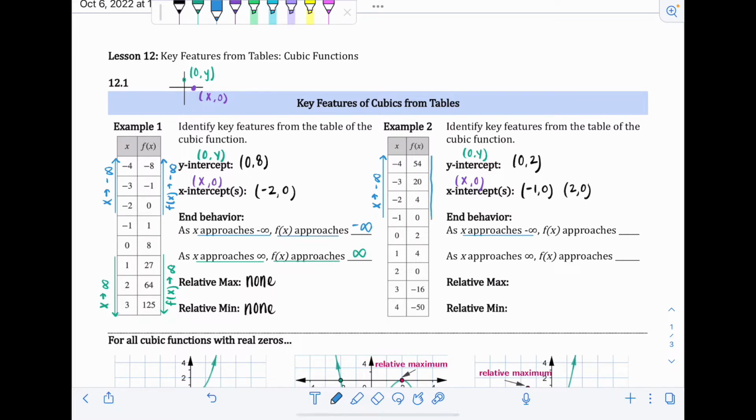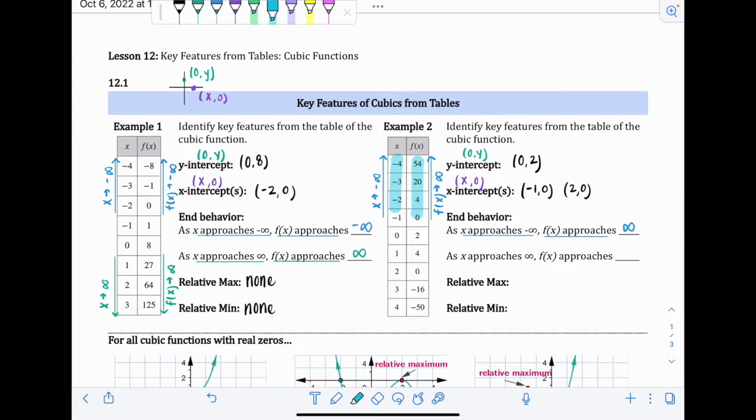On the other side, it's going upward, the values are getting bigger, they're increasing, so f of x goes to positive infinity. So as x approaches negative infinity, f of x approaches positive infinity.